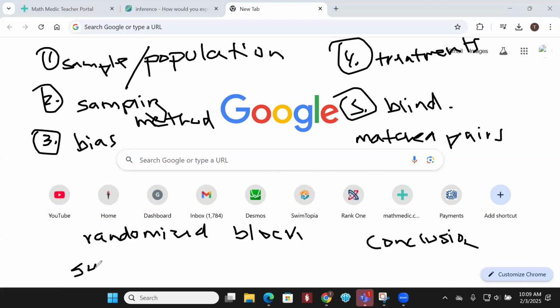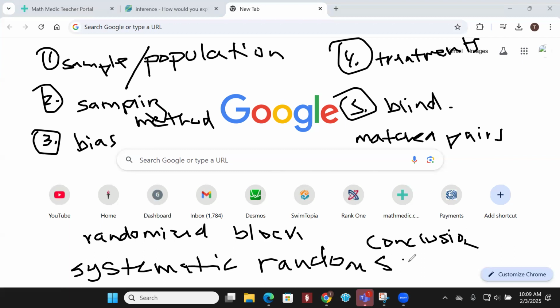Systematic random sample. Explanatory versus response variable.